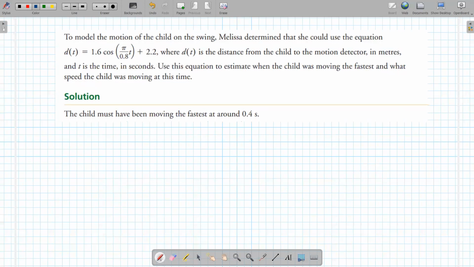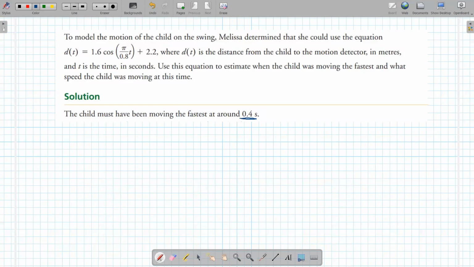What kind of a function is it? It's a trig function, right? It is a trig function. So again, not a whole lot changes.